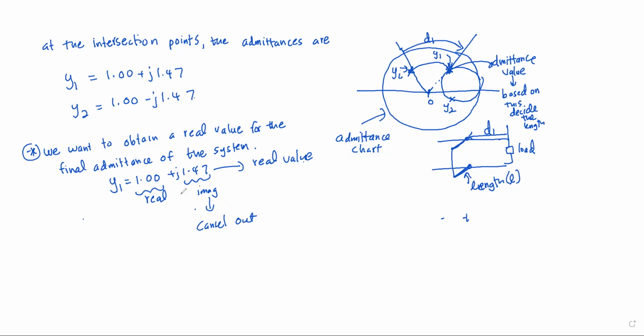In order to make it 0, how much of admittance should I add to this?